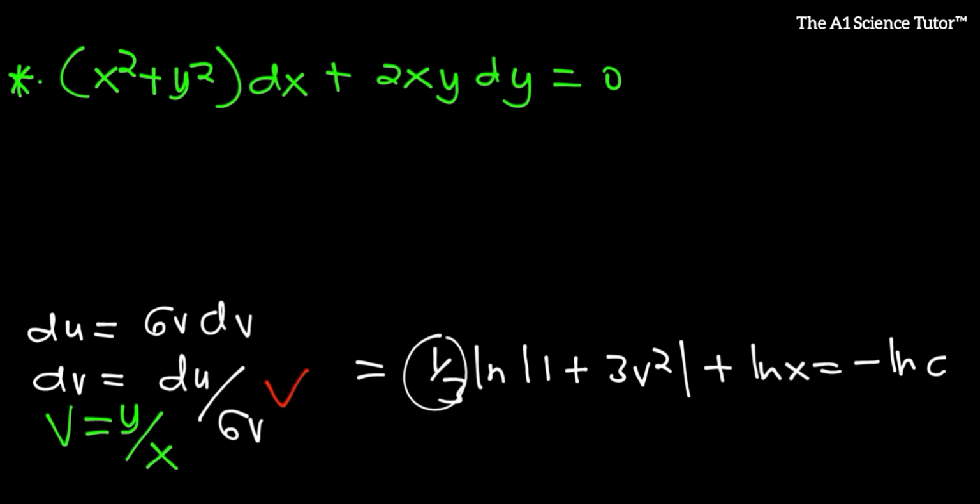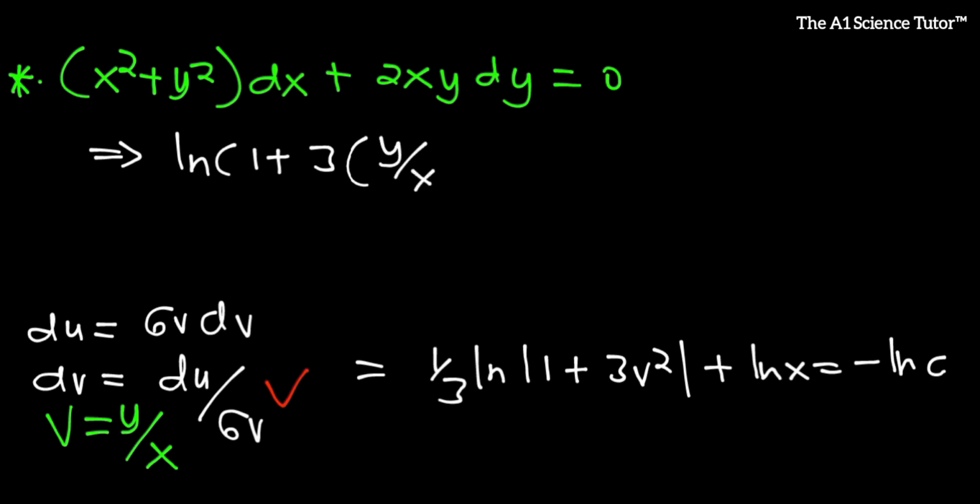Now here we can take 1/3 and apply the rule of logarithm, like that, on top there. And here also we have a -1. We can actually take it to the power of c, and that basically should be c raised to the power of -1, which is the same thing as 1 divided by c. So this should be what you should have. ln of 1 plus, now we know that v is actually y/x, so I'm just going to write that there, and this is squared.